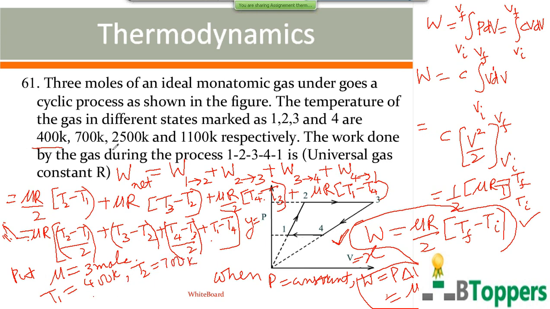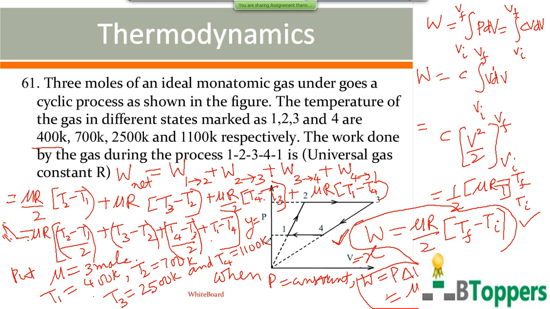And T3 equal to 2500 Kelvin. And T4, temperature in the state 4, is equal to 1100 Kelvin.